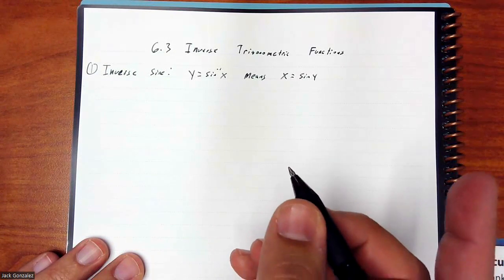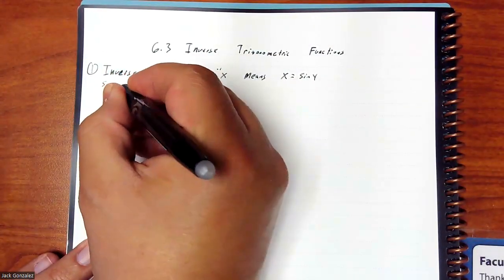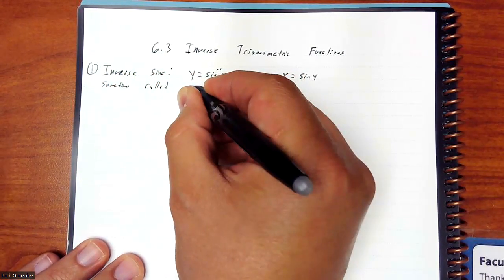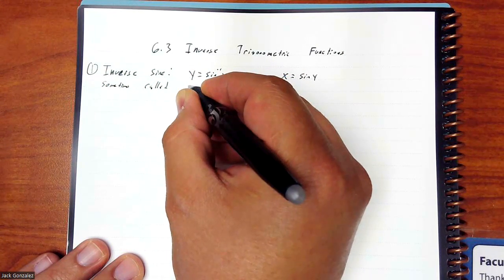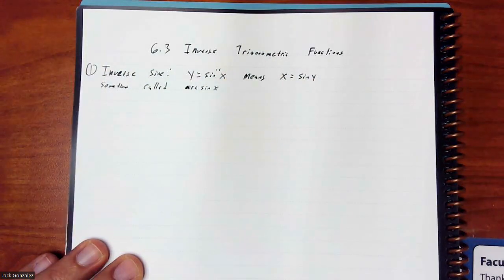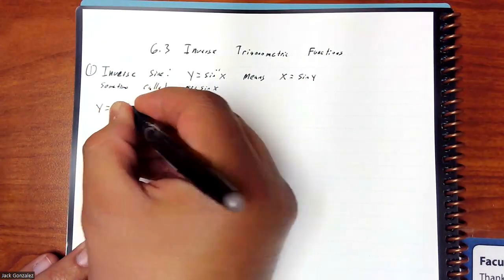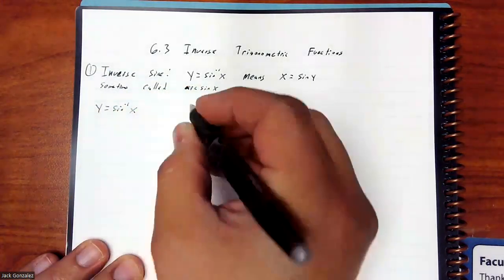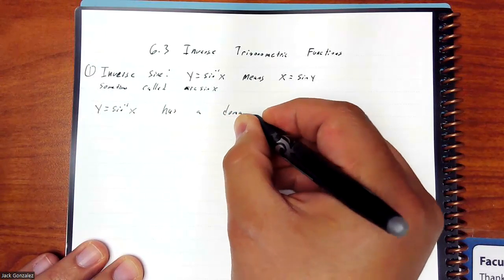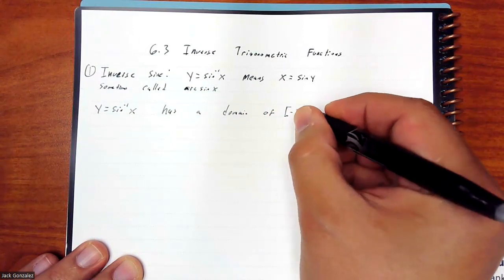so we need to know the inverse sine, sometimes called arcsine. So y equals sine inverse x has a domain of -1 to 1.